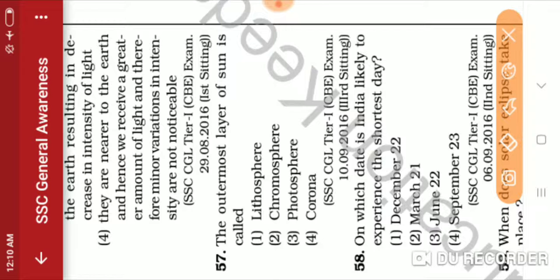The outermost layer of the sun is called, I told you, corona. Corona is the outermost layer of the sun. Next question. On which date is India likely to experience the shortest day?